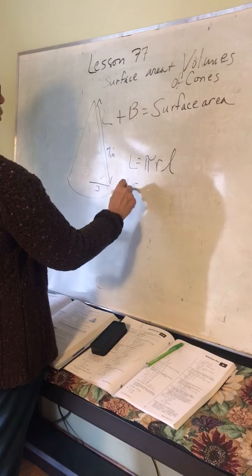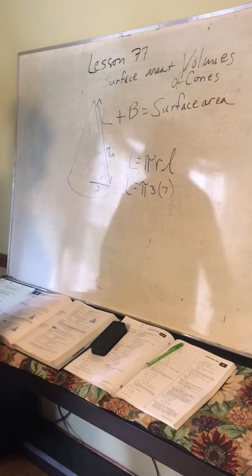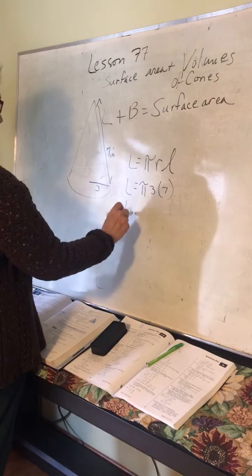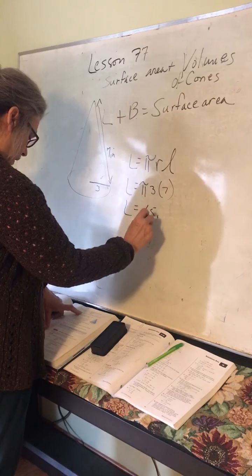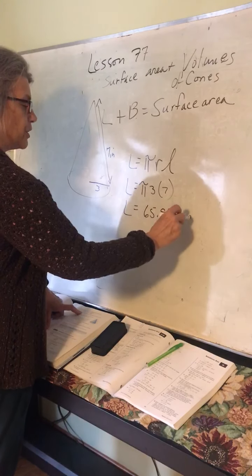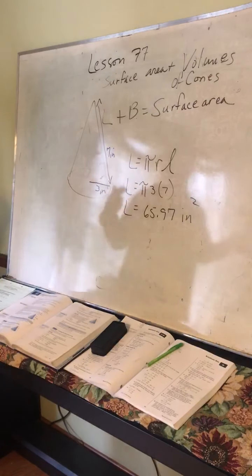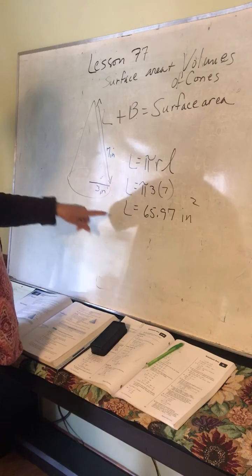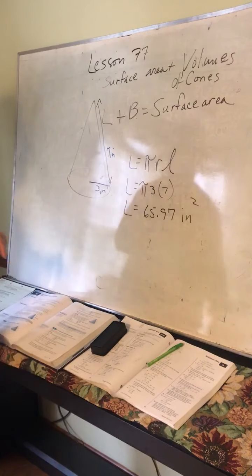So that is equal to pi times 3 times 7, and if you multiply the pi in there, the lateral area is 65.97 inches squared, if this is inches. Remember, you're peeling this off, and since this is a circle around here, you're using pi r l for the lateral area.